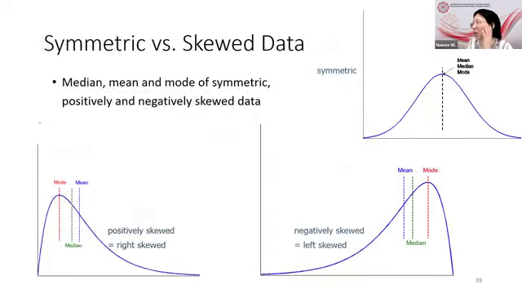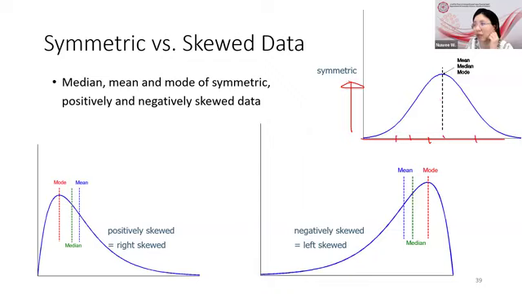Normal distribution, skew distribution, symmetric distribution. If you have a symmetric distribution, that means if you have a graph like this, on the x-axis we have values, right? And on the y-axis we have things like frequency, the distribution.